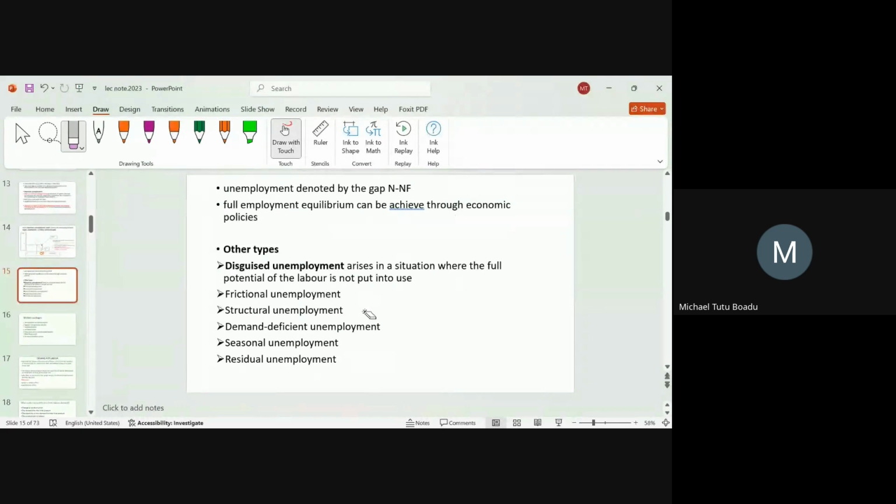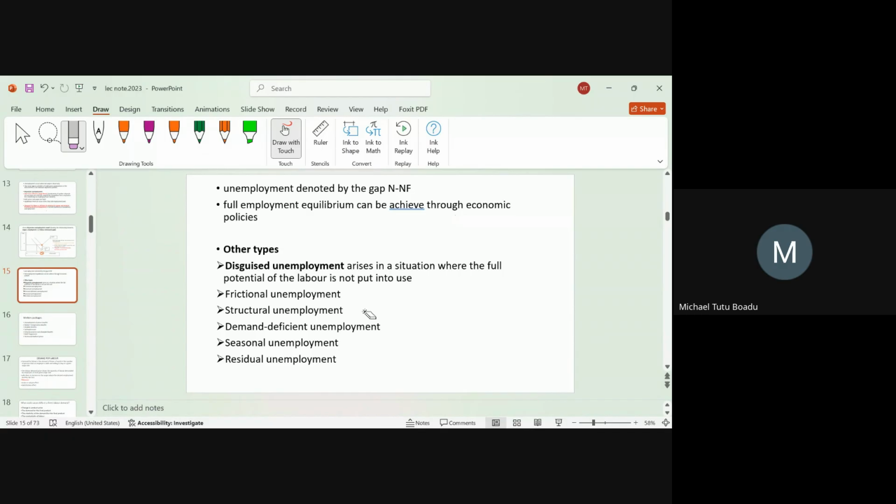You surely get a job as a just-ended national service personnel, but it will take time. There's somebody looking for you to hire you, and you are also looking for somebody to hire you. That missing period is what we call the frictional period.